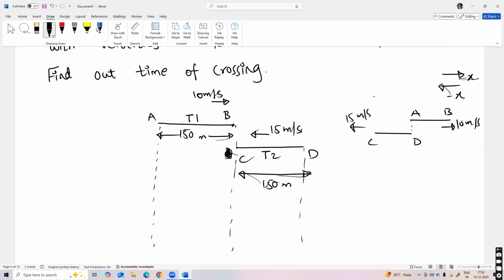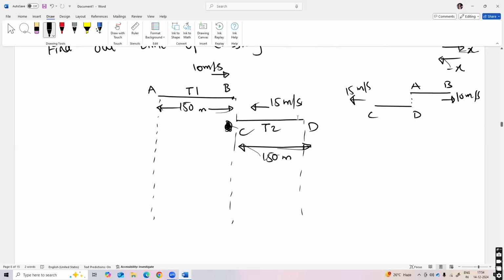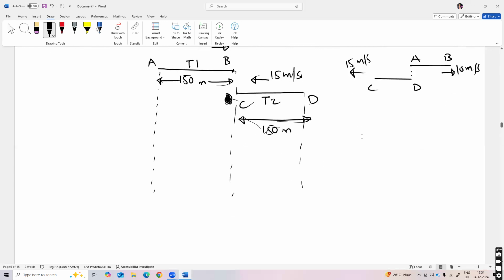This is how we say two trains have crossed completely. So let's consider that after time t, both trains have crossed each other.